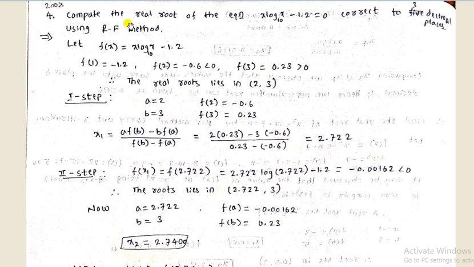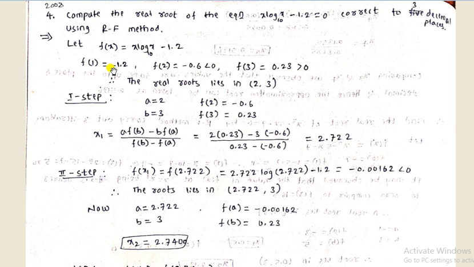Second example: compute the real root of the equation x log x to the base 10 minus 1.2 is equal to 0, correct to 3 decimal places using the Regula Falsi method. So consider this function as f of x. Now in this function again substitute x value as 1, 2, 3, 4 etc., such that we require one positive value and one negative value.